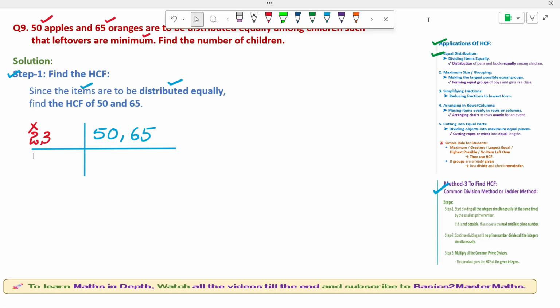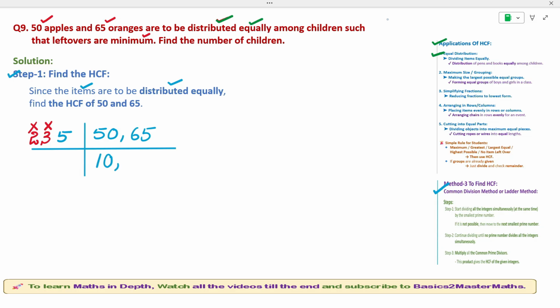Again, since 3 does not divide both 50 and 65 exactly, move to the next smallest prime 5. Since 5 divides both 50 and 65 exactly, we get 10 and 13.